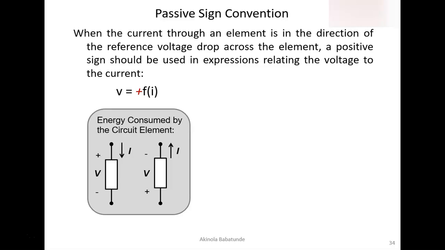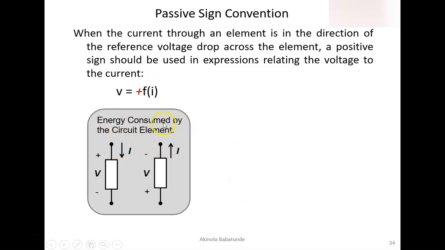So we've talked about this convention. Let's quickly look at the passive sign convention. When the current through an element is in the direction of the reference voltage drop across the element, a positive sign should be used in expressions relating the voltage to the current. Let's explain that.